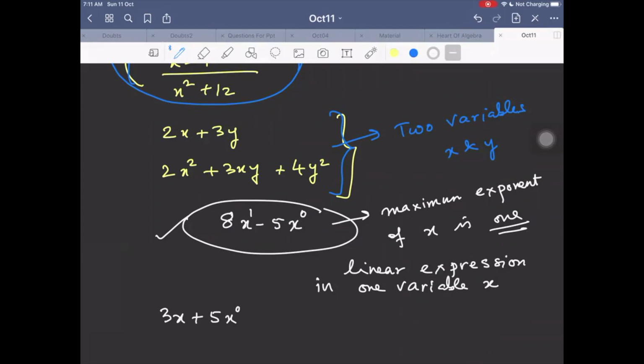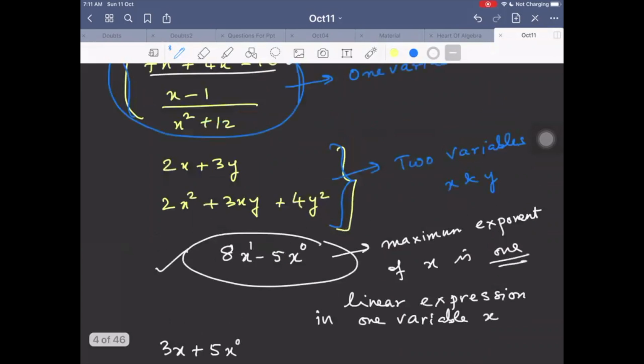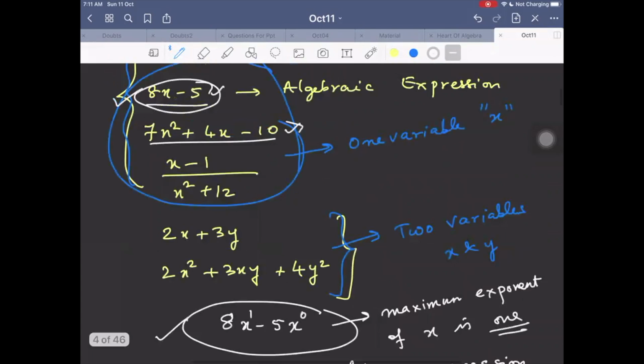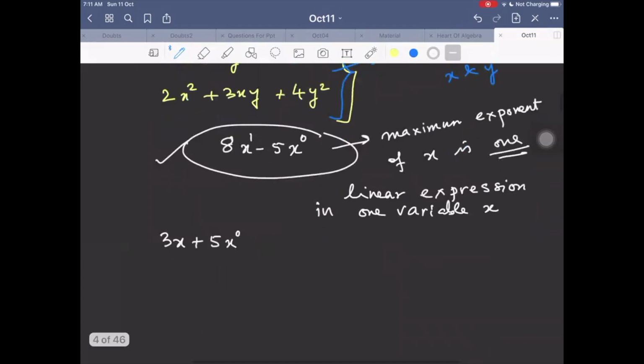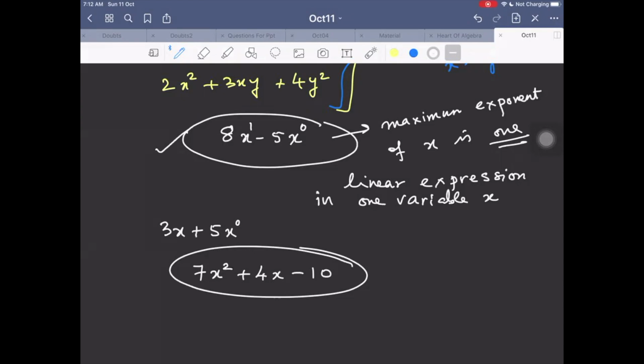And when you go to the next expression, 7x squared plus 4x minus 10, what do you observe? You have x to the power of 2, you have x to the power of 1, and in fact, you have x to the power of 0.